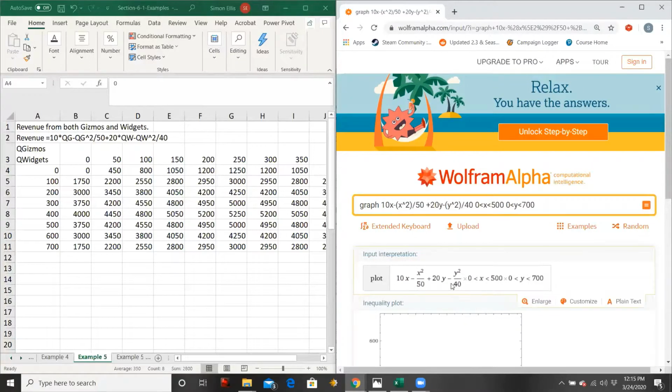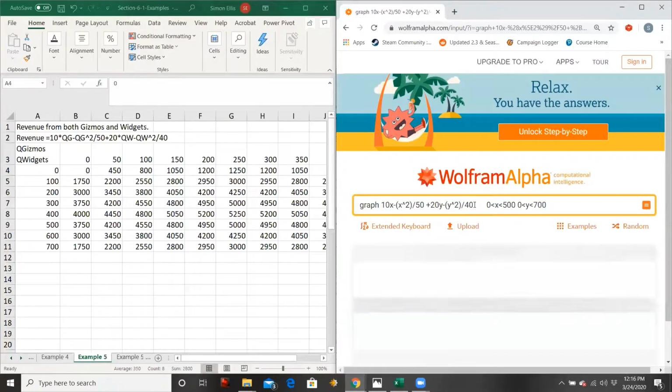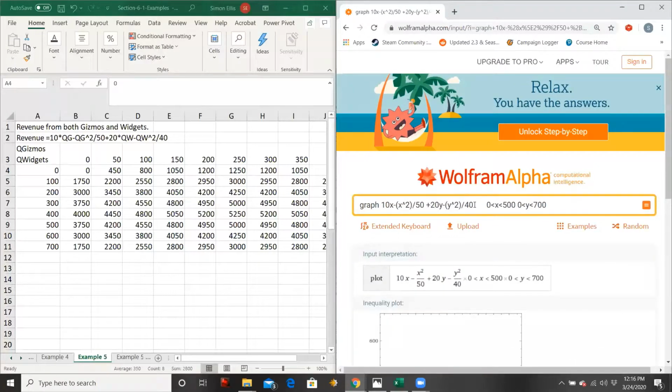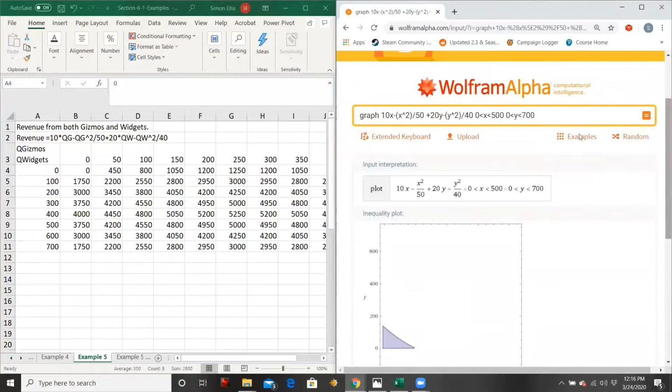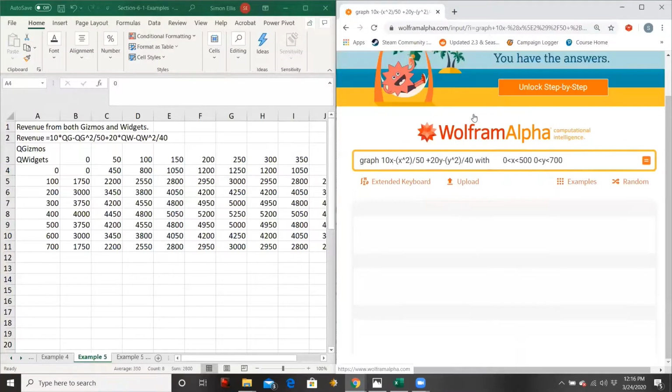Okay, let's see, now we have, and let's put a width. There we go.